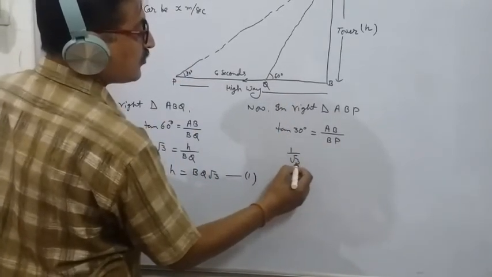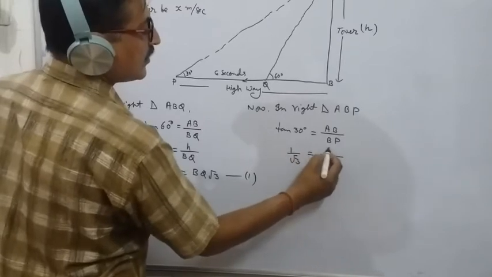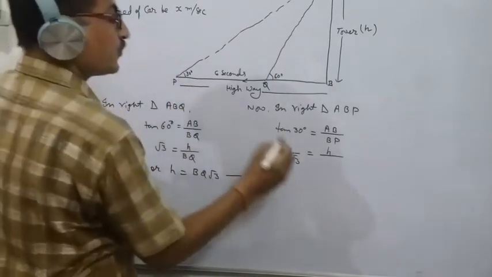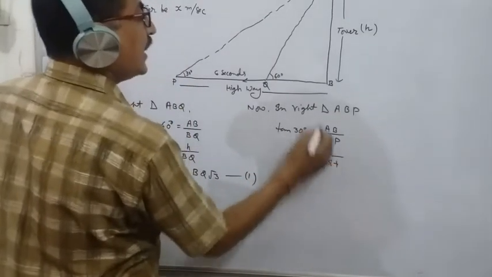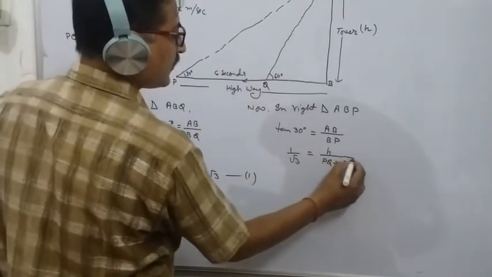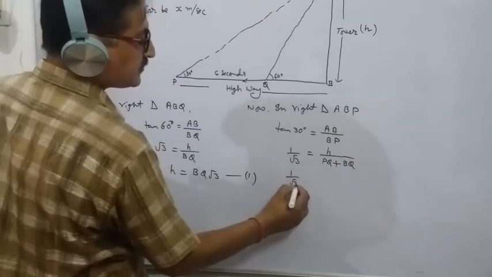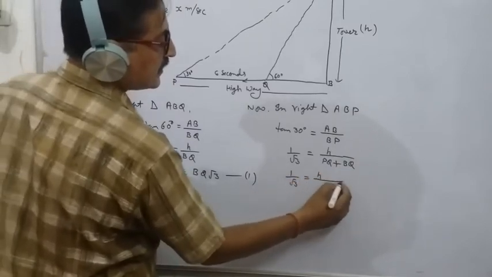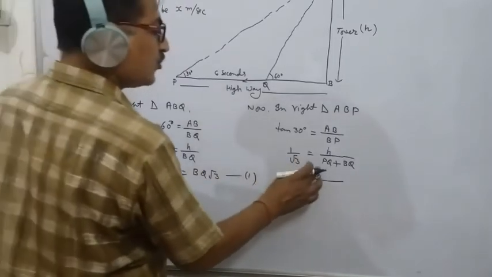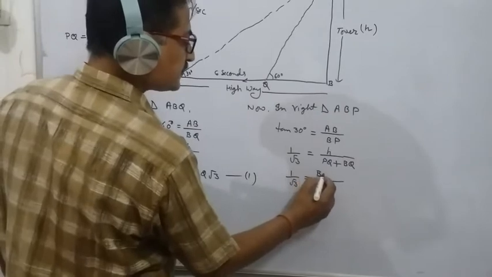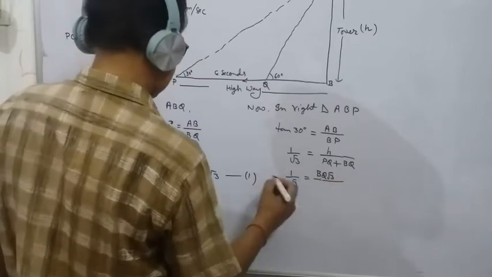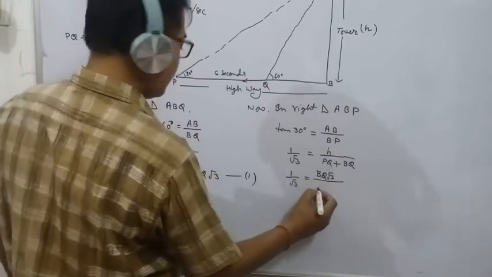Tan 30 degrees is 1 upon root 3, and AB is the height of the tower, which we have taken as H, and BP equals PQ plus BQ. So 1 upon root 3 equals H upon PQ plus BQ. H we have already seen is BQ root 3.